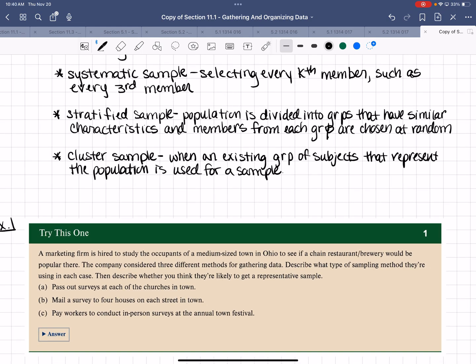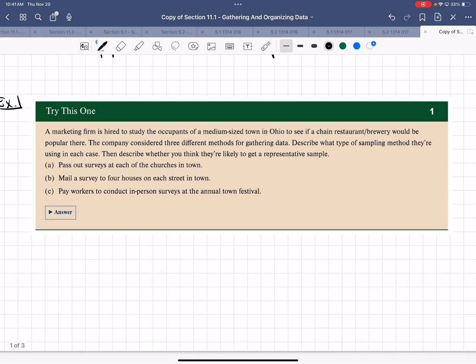What do we think? Cluster? Close. I think it's going to be stratified. We know it's not systematic because nobody's numbered the churches off, right? It is stratified because they are thinking that, okay, the community's all divided into different churches, so then they're going to draw a sample from each church, okay?